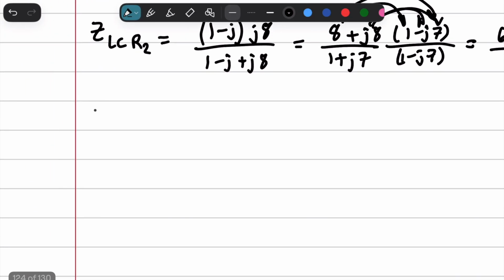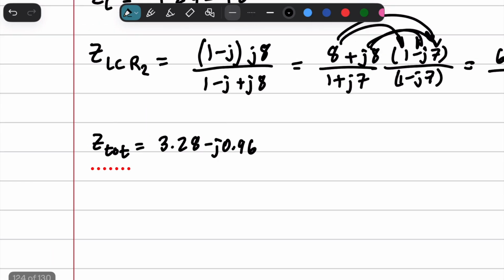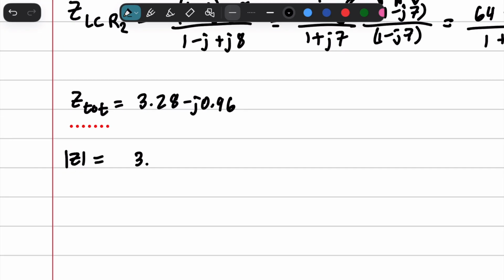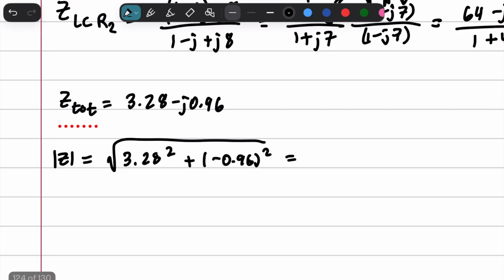So we're going to get our Z total, equal to 3.28 minus J 0.96. And then what we've got to do now is find the magnitude, which is just going to be 3.28 squared plus negative 0.96 squared, rooted.